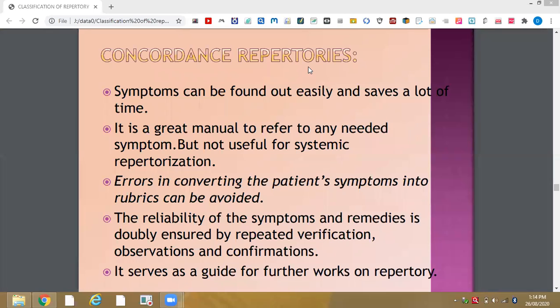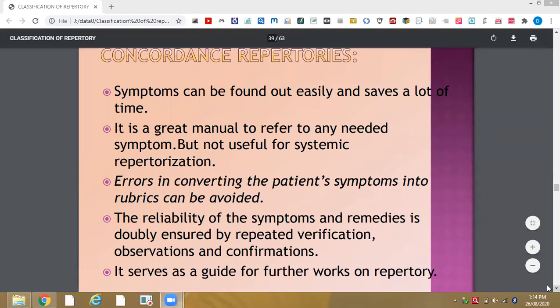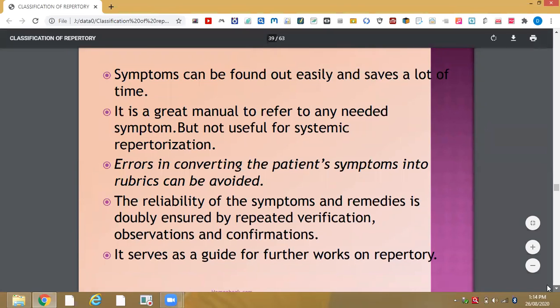So the reliability of symptoms and remedies is very good. Then it serves as a guide for further work on the repertory.